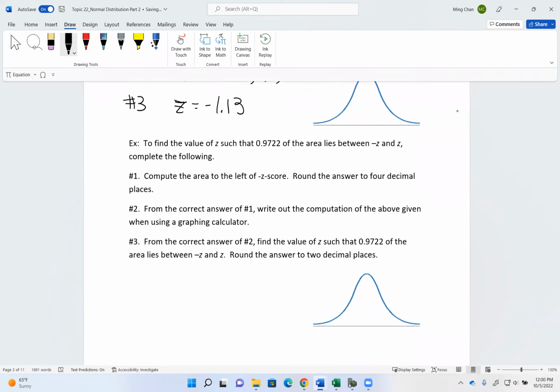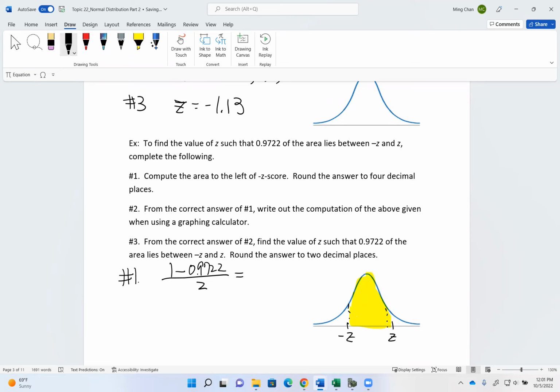Compute the area to the left of the negative z-score. So we're going to do exactly what we did earlier. Take 1 minus 0.9722 divided by 2, because I'm trying to find the area to the left of this negative z, on the left side of the mean.